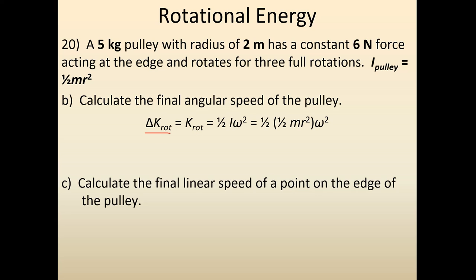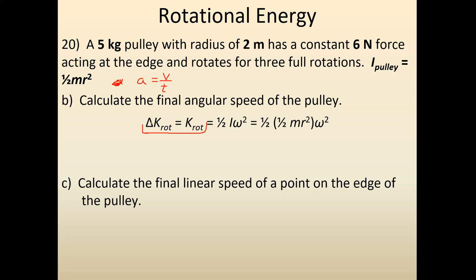This, I do want to point out, is extremely important to constantly note. Don't just get into the habit of assuming that the change in kinetic energy is going to be your final. I've seen this happen a lot where people will do something like acceleration is just velocity divided by time, and they'll take whatever the final velocity was divided by time, and they'll say that that's your acceleration.